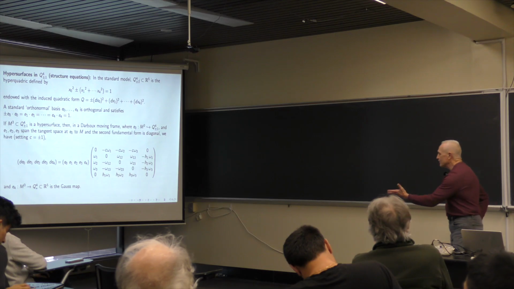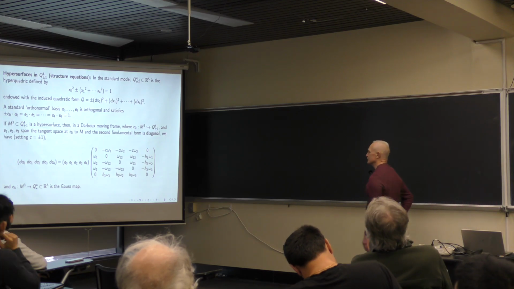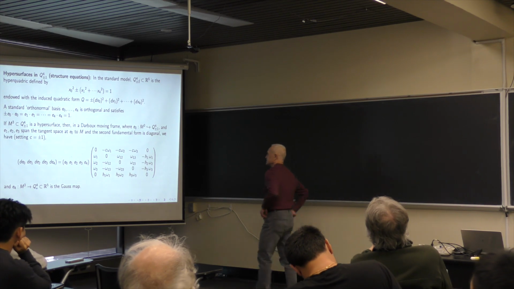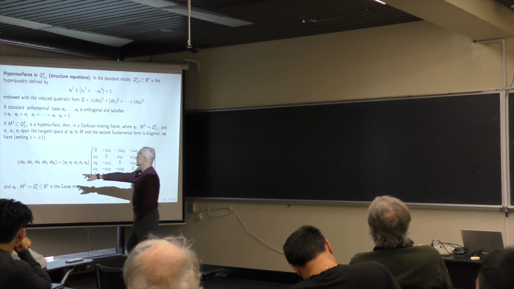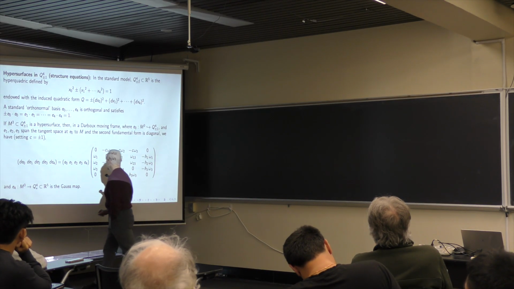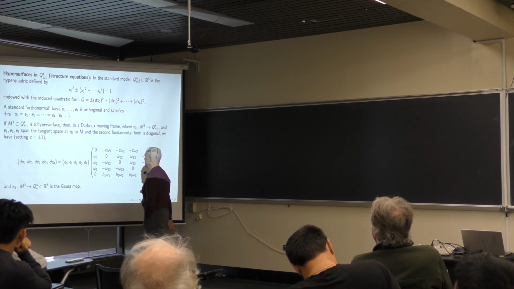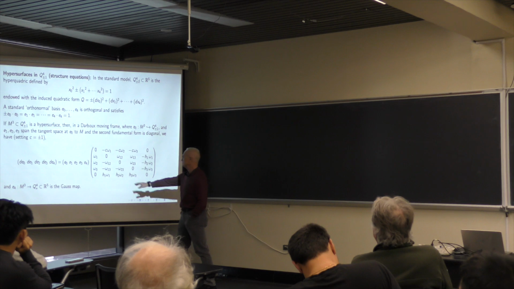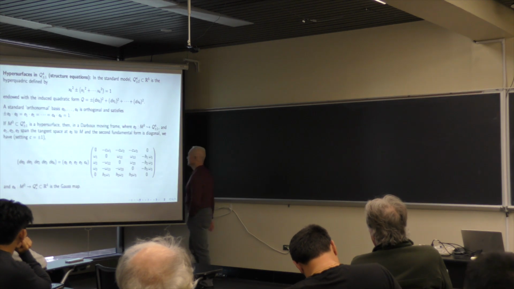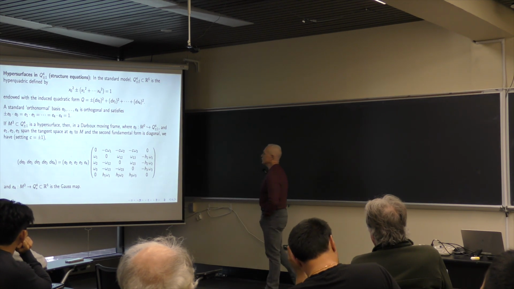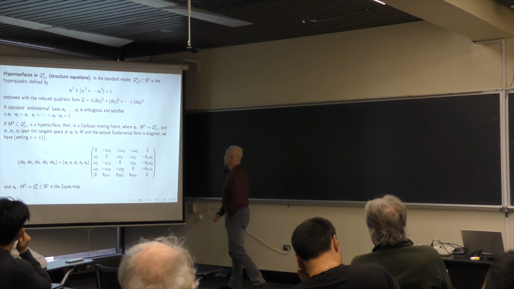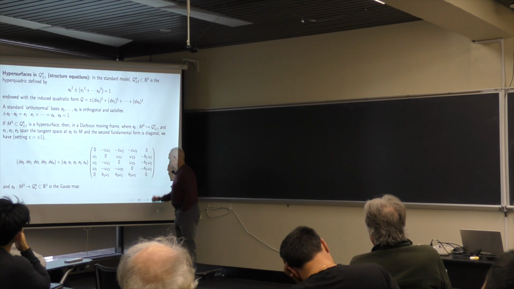And you can write down the structure equation for this, that in that case the differential of E0, the differential of the position vector, is a linear combination of the E1, E2, E3, and so on. And these are the eigenvalues of the second fundamental form. E4 is the Gauss map. That's the picture.